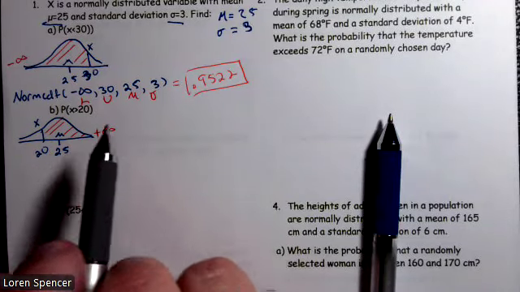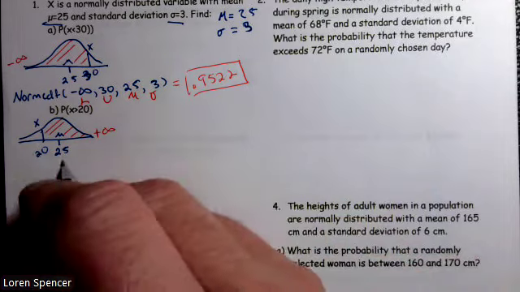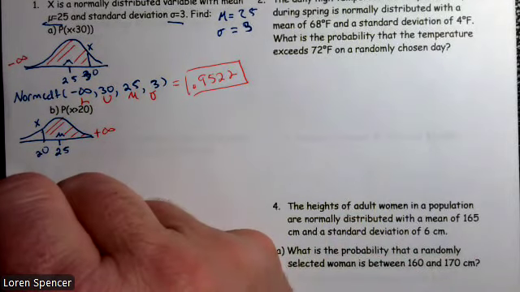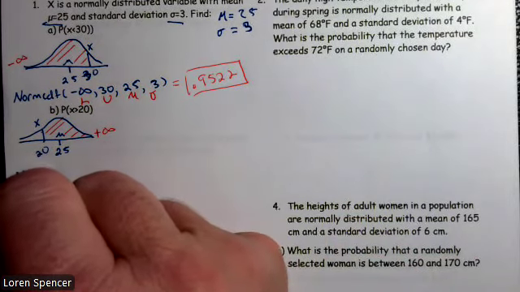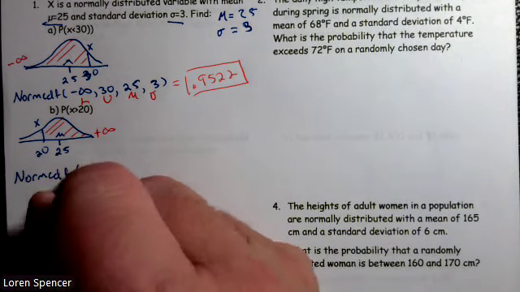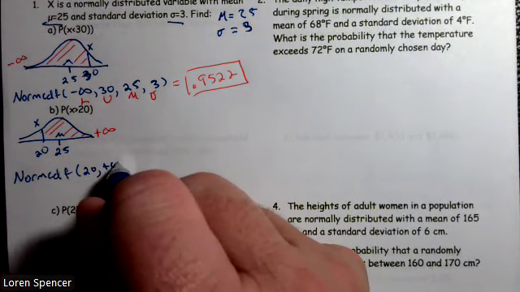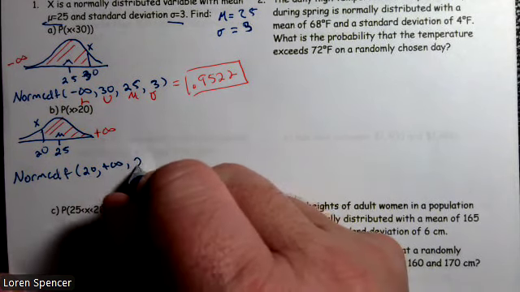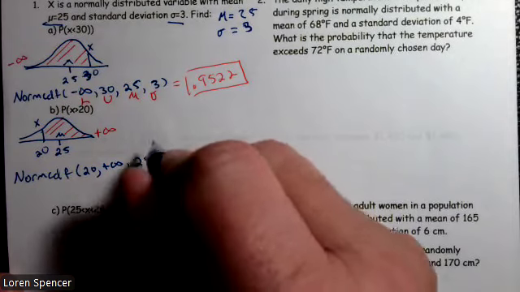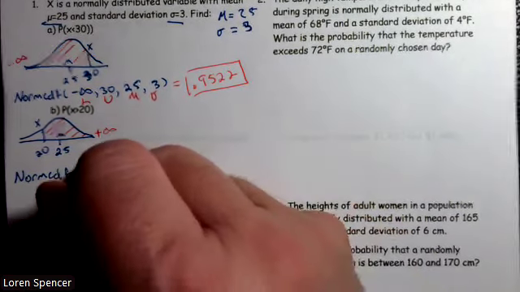So we should have a value that's greater than 50% when we're done. So we're going to do a NormCDF. Lower bound of our shading was 20. The upper bound was positive infinity. Mean of 25, standard deviation of 3.